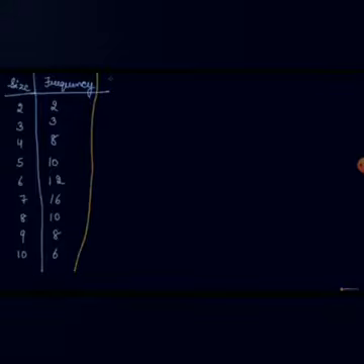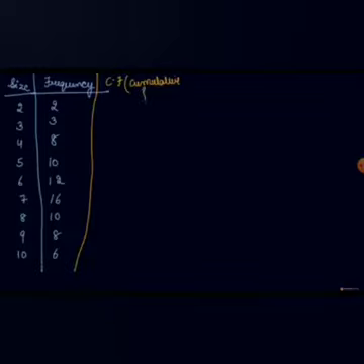Now you will find out the CF, that is the cumulative frequency. I have told you in previous videos how to find it. For the first, the cumulative frequency will be 2. For the second, it will be 2 plus 3.